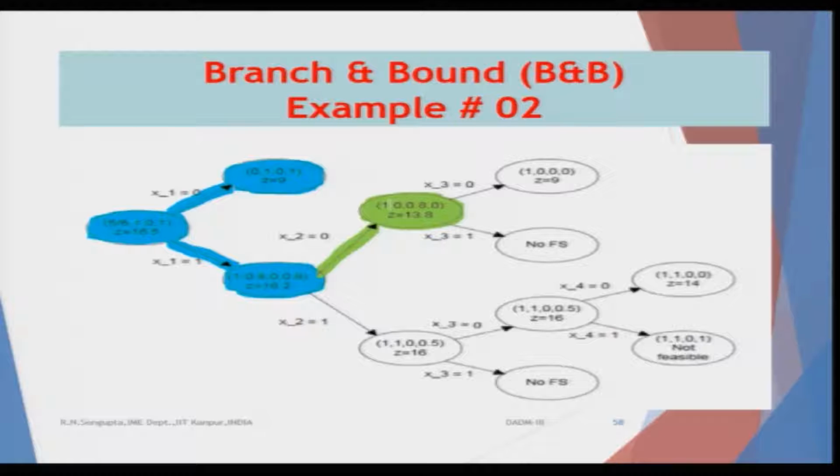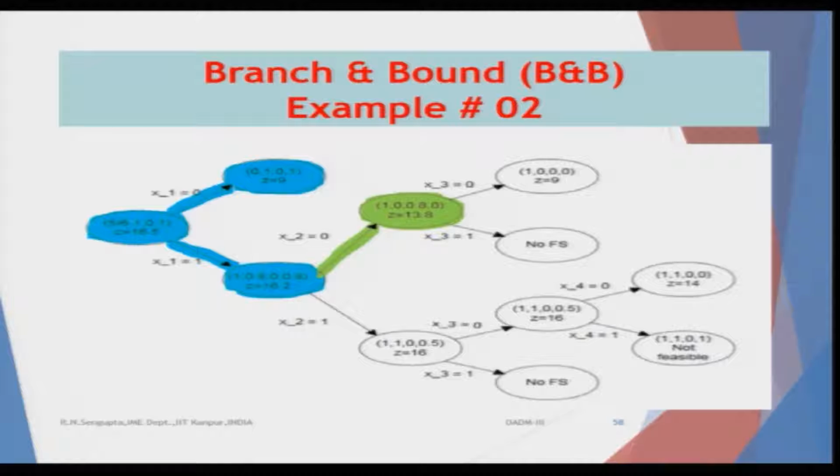So, the z value, as I mentioned, is 13.8, and the x1, x2, x3, x4 values are correspondingly 1, 0, 0.8 and 0. Now, if you remember, I highlighted a few minutes back, or in the last lecture, that x2 was non-binary and x4 was non-binary.